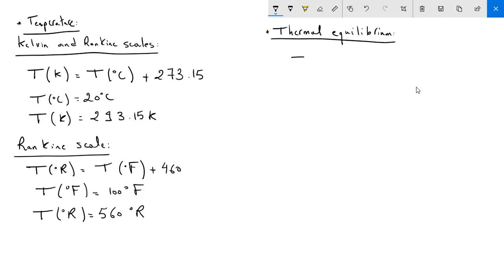Let's say, for example, we have two objects, A and B, and suppose object A is initially at some temperature, TAI, and object B is initially at a temperature, TBI. Initially, TAI is larger than TBI, so object A is the hot object and object B is the cold object.